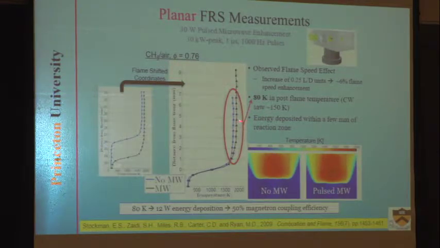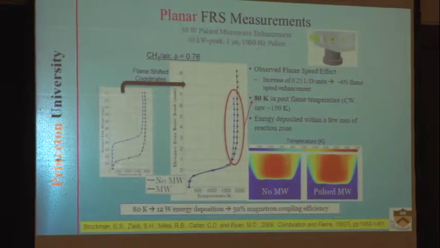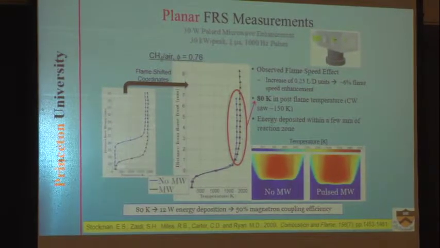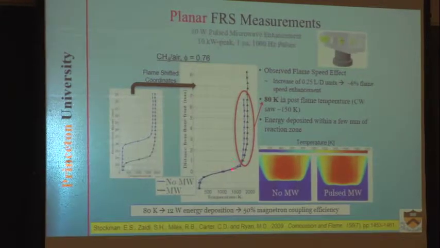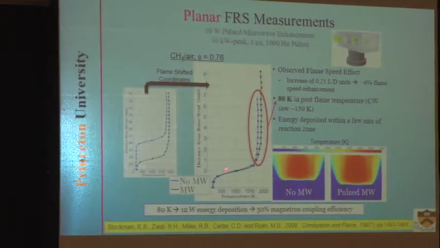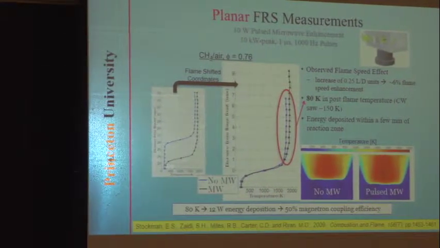But if you look at the temperature, the green one is without a microwave, and the dark one is with microwave. The microwave generates an 80 degree rise in post-flame temperature, and has a very tiny effect on the pre-flame temperature profile.